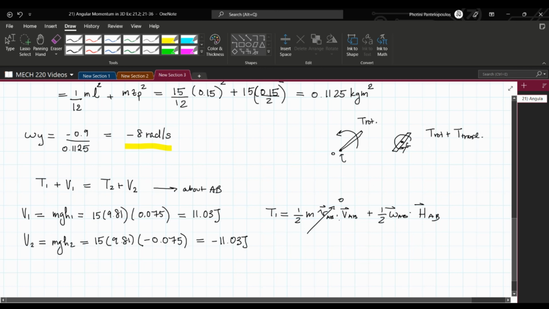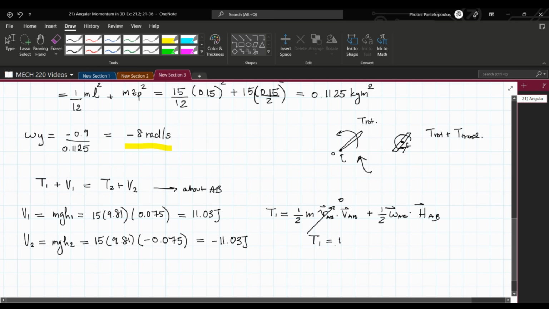So in this case, because we're looking at the plate from AB, it's this case right here. So we will have no translational kinetic energy in this case. So T1. Oh, and we can dispense with the vector notation since we're only working in j. We don't have to distinguish between the different coordinates.